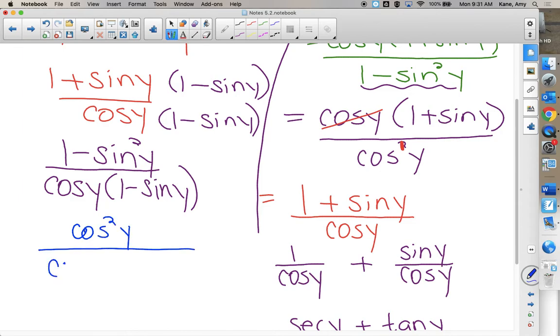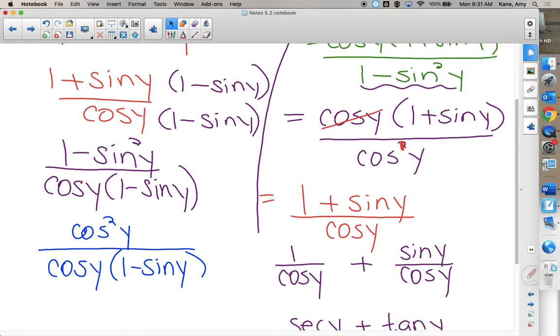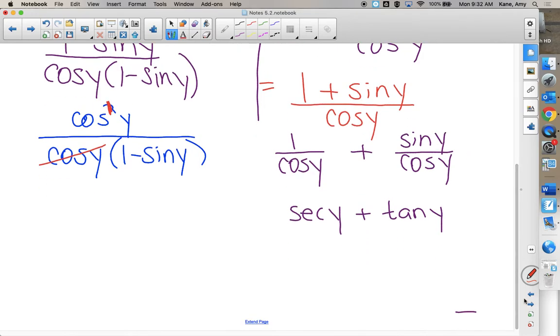On the bottom we have cosine times 1 minus sine. And again, we had that step where they cancel. So this time the cosine squared is on the top. It's going to cancel and just give you one of them. And now the bottom cosine is completely gone. You can see how both of them are similar. They're just working through backwards. So my answer now, I have a cosine on the top and 1 minus sine on the bottom.